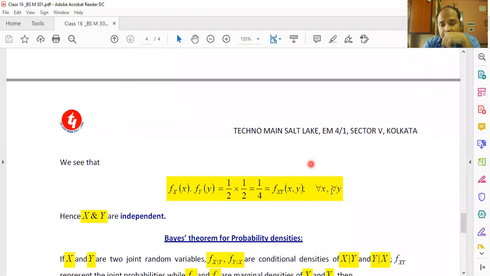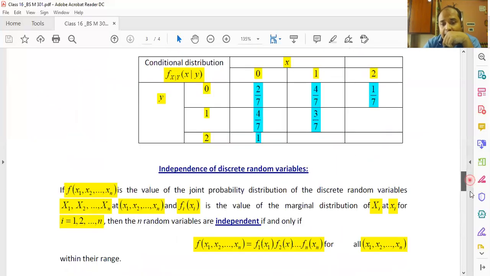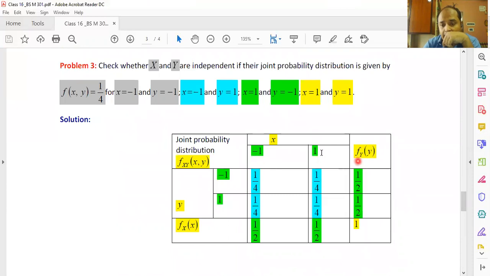Now, according to the definition, if I can represent the joint probability of x and y as the product of the marginal probabilities of x and y, then we can say this particular pair of random variables are independent. Now you see, if we select this row where the marginal probability is half, and this particular column where our marginal probability is half, then the product half into half will represent this 1 by 4.